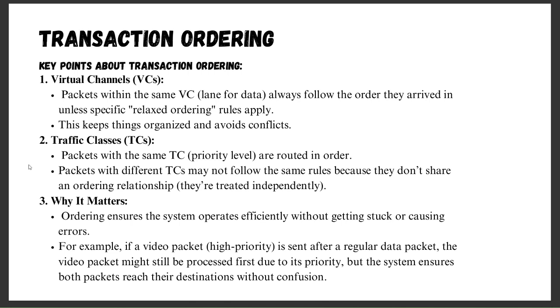Packets with the same traffic class or priority level are routed in order. Packets with different traffic classes may not follow the same rules because they don't share an ordering relationship. They are treated independently. So why does it matter? Ordering ensures the system operates efficiently without getting stuck or causing errors.